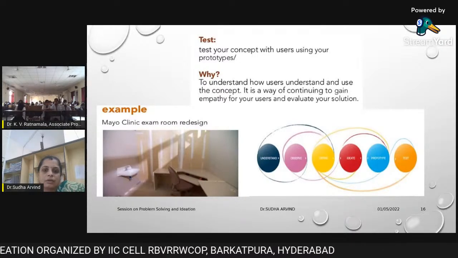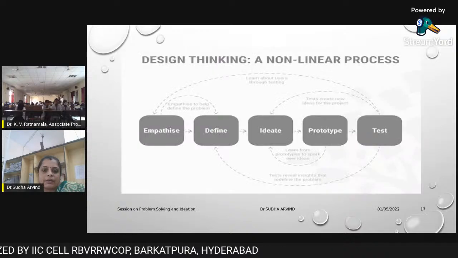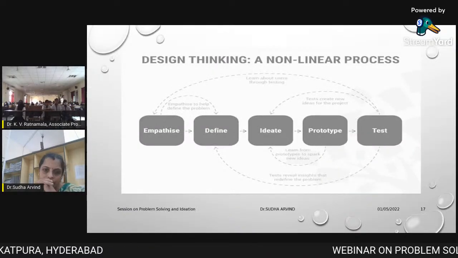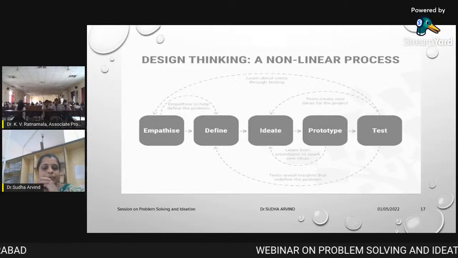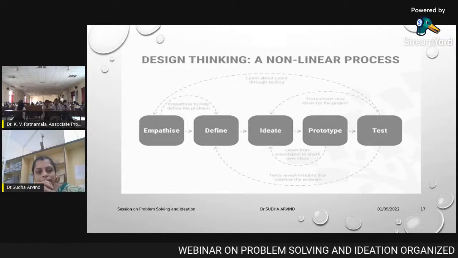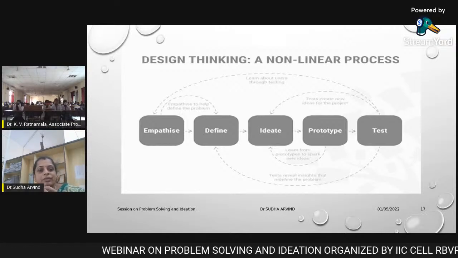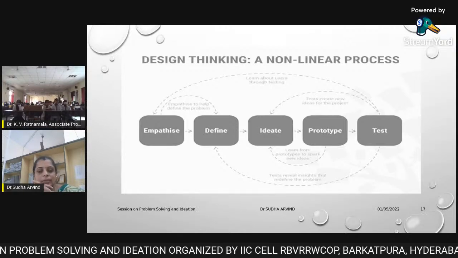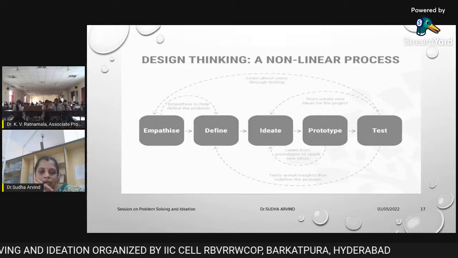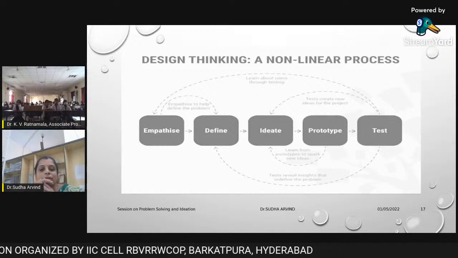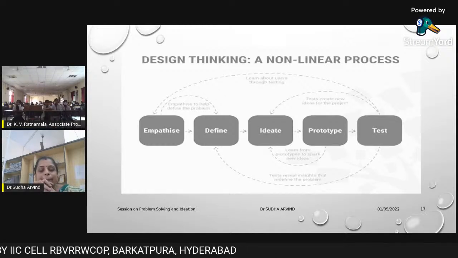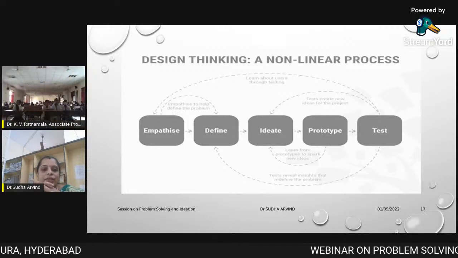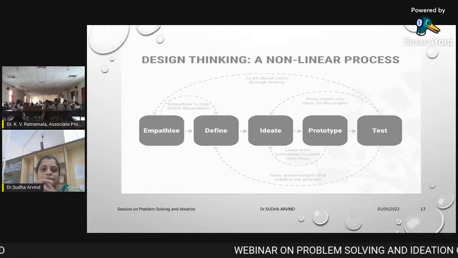Here there are n number of stages, and it is a non-linear process. What is the difference between a non-linear process and a linear process? Anybody can answer this? It need not be with respect to your subject. Definitely this design thinking concept, when you come out with a product, is a non-linear process only.